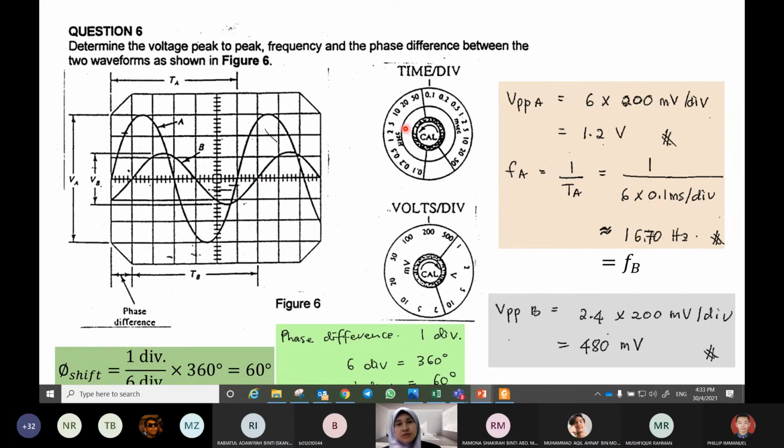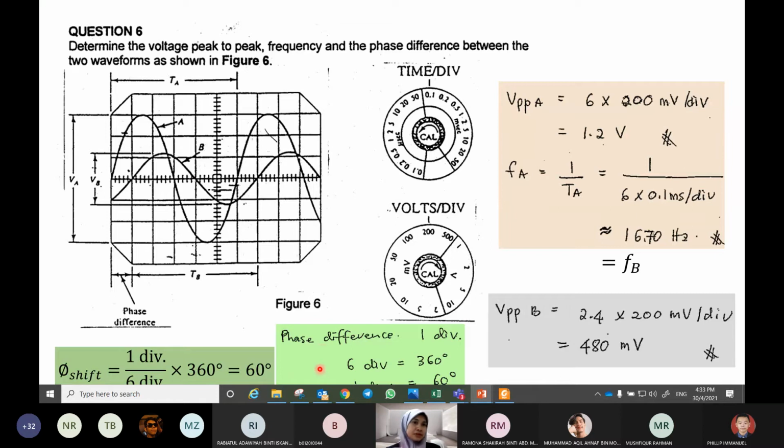Using the same time per division setting, we will get the same frequency for B. For B, the voltage is about 1.2 divisions, multiply with 2, you get 2.4. Multiply with the volt per division, 200 millivolt, and we will get 480 millivolts on B.